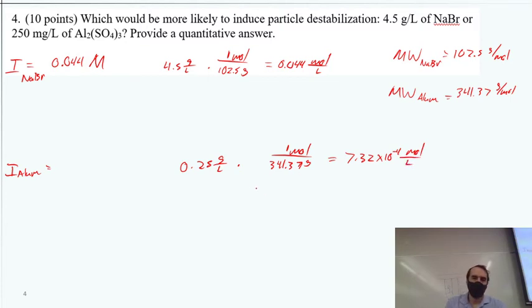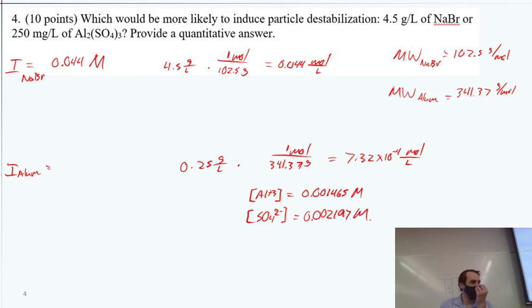And then if we take that and do the stoichiometry, we will find that the aluminum should be 0.001465 moles per liter, and our sulfate should be 0.002197.